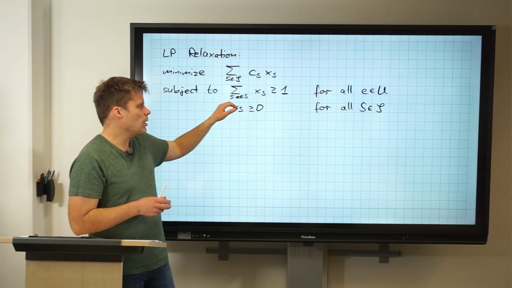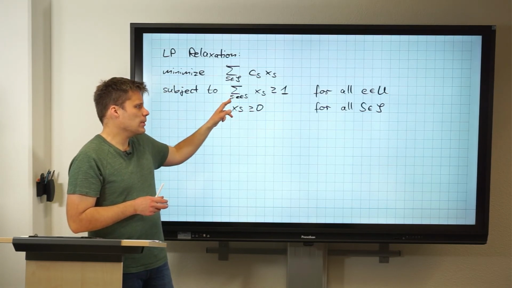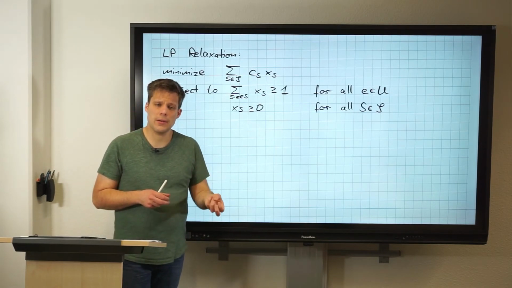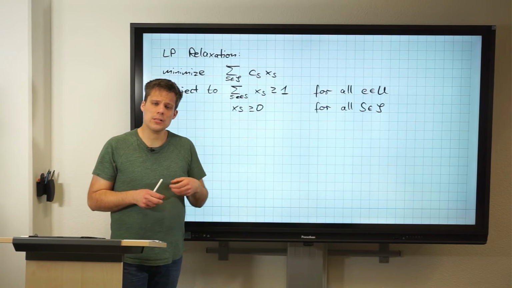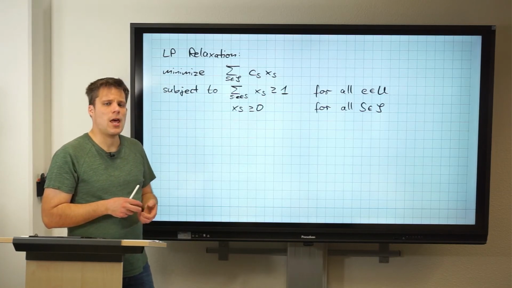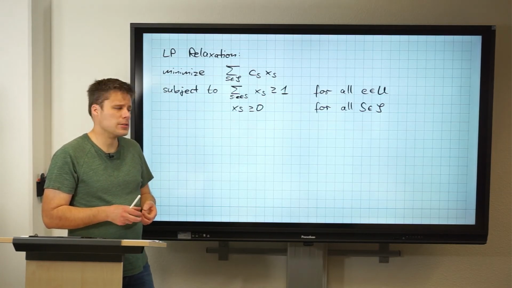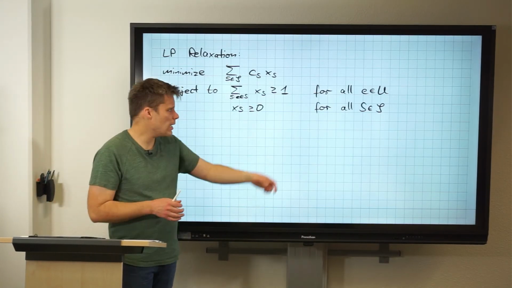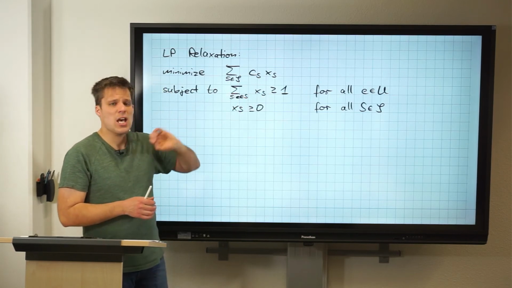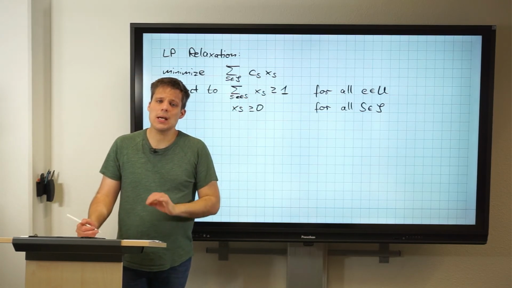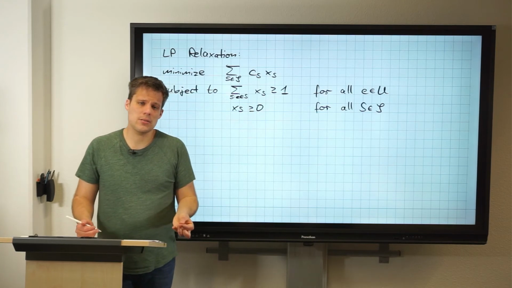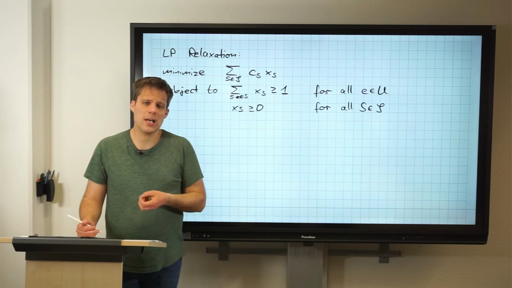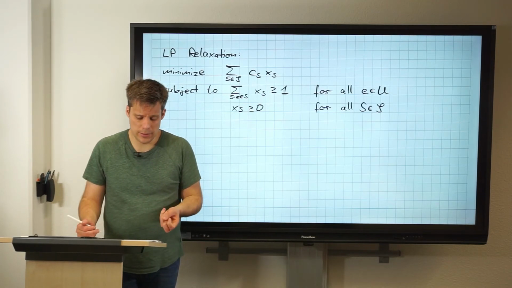So what actually will now happen is that these constraints are revealed to us one after the other. And whenever a constraint is revealed to us, then we have to change the solution. And how do we have to change the solution? We have to change the x_S so that the newly revealed constraint is fulfilled. And what are we allowed to do? We are allowed to increase the variables.